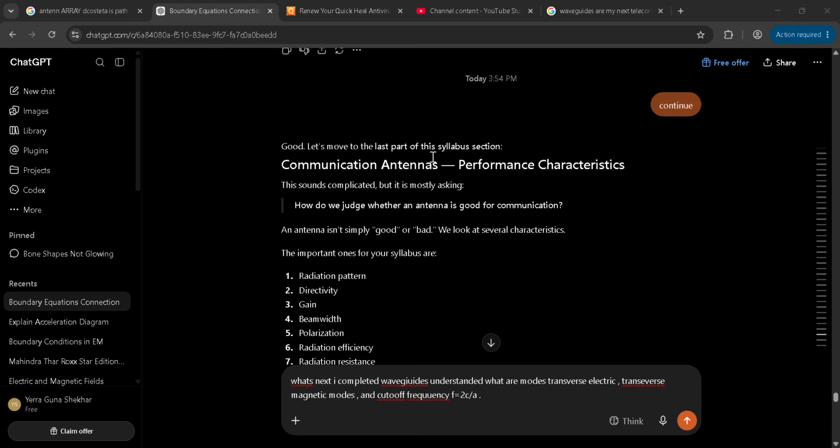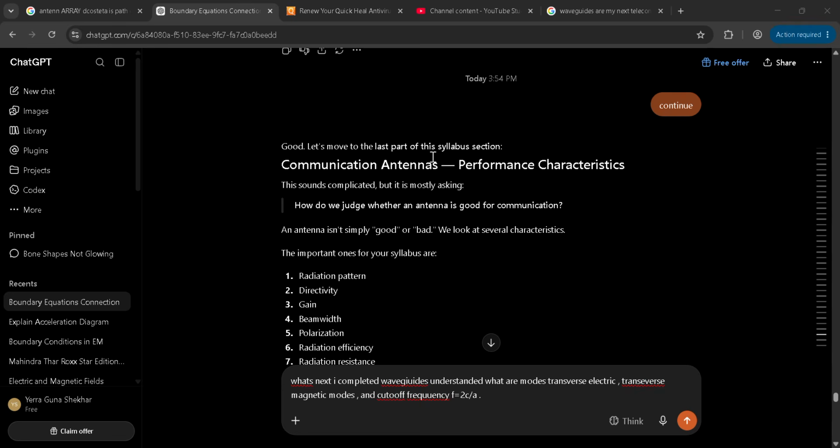We look at several characteristics. The important ones for your exam are radiation pattern, directivity, gain, beamwidth, polarization, radiation efficiency, radiation resistance, antenna impedance, bandwidth. So radiation pattern. We already studied this.